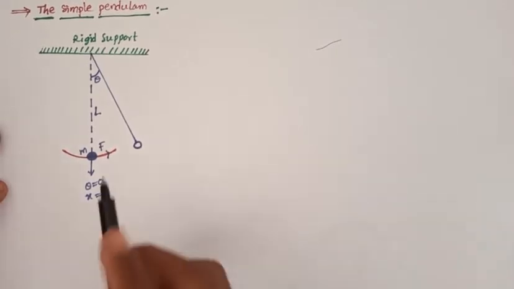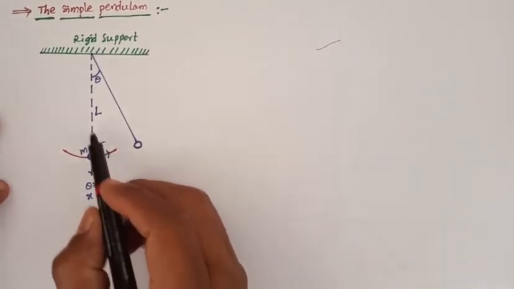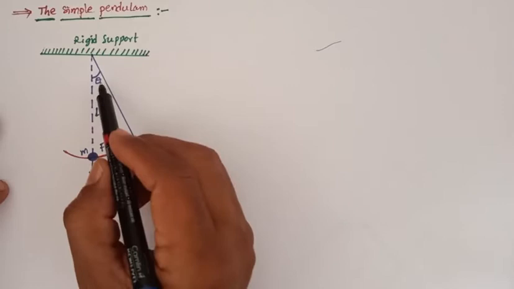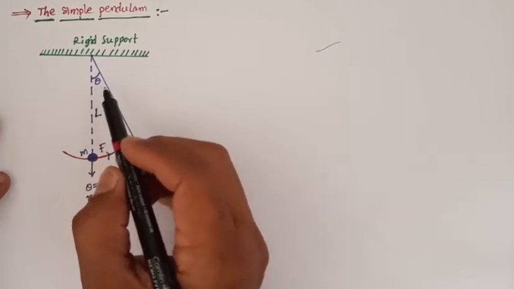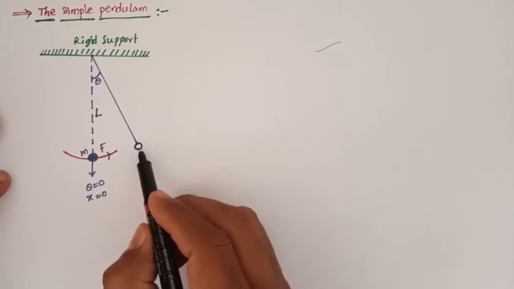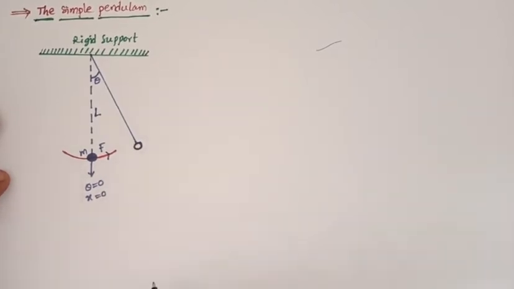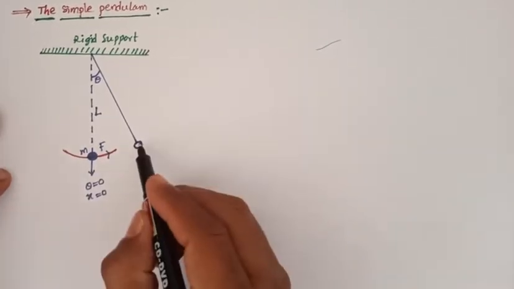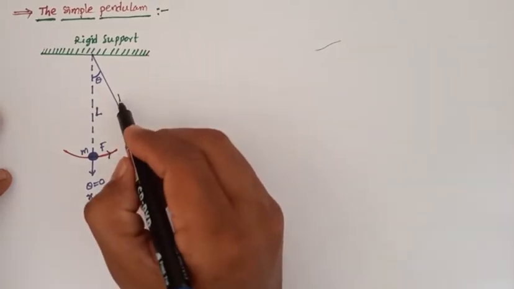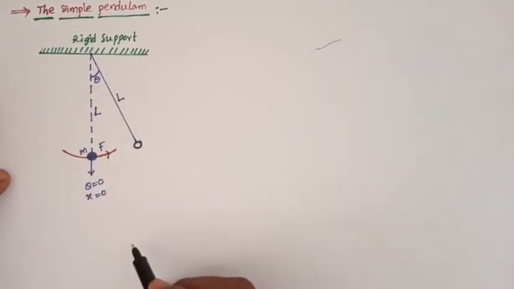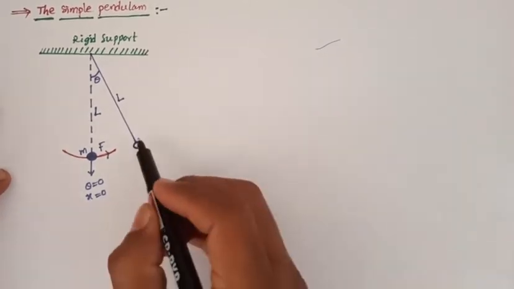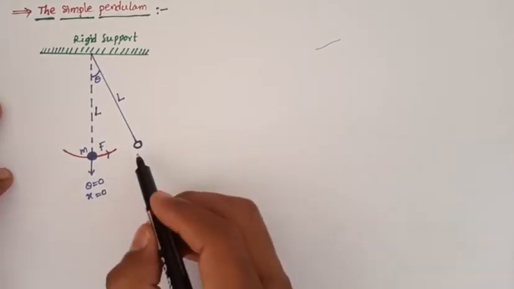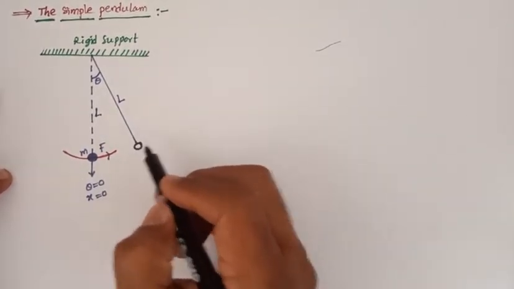In this simple harmonic motion, when we pull it to some displacement, the angular displacement is theta. Then it oscillates continuously. Here this is the length of the simple pendulum, the length of the string, and in this position two forces are acting on the simple pendulum.